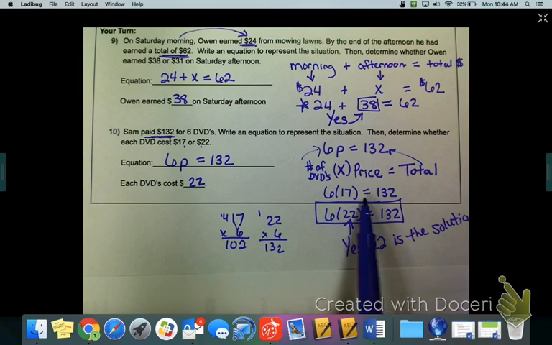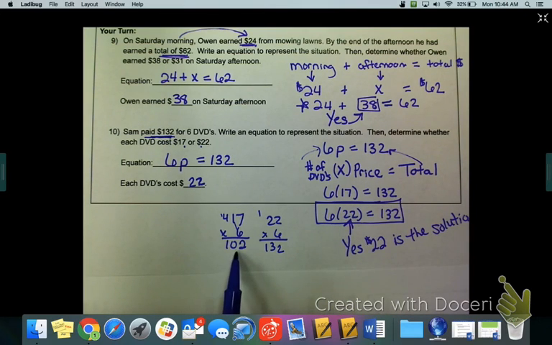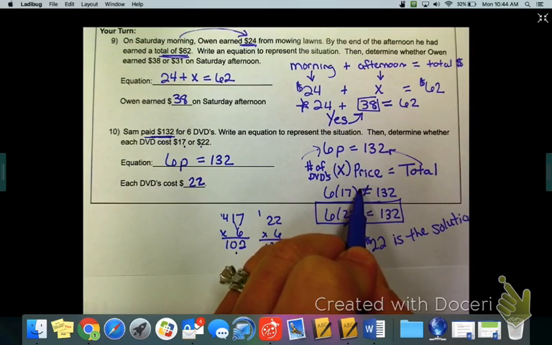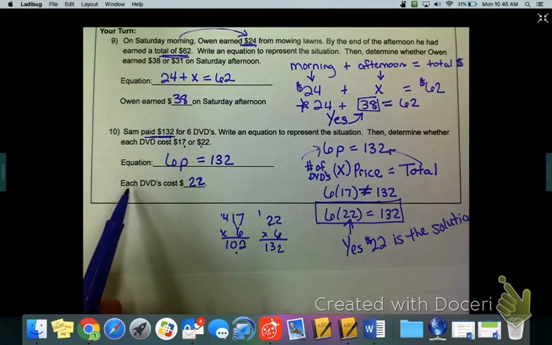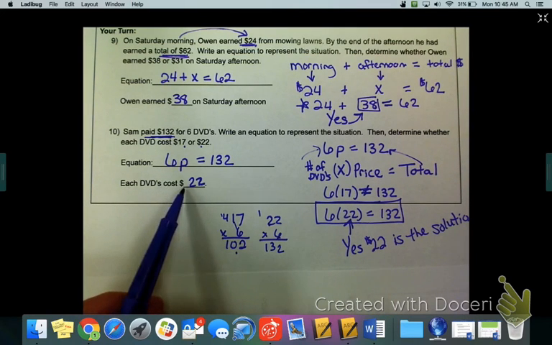Does that equal 132? It equals 102. No, that is not a solution. So then I tried $22 times 6. If each DVD was $22 and I bought 6 of them, it does equal $132. So yes, 22 is the solution to the equation. Each DVD has to cost $22.